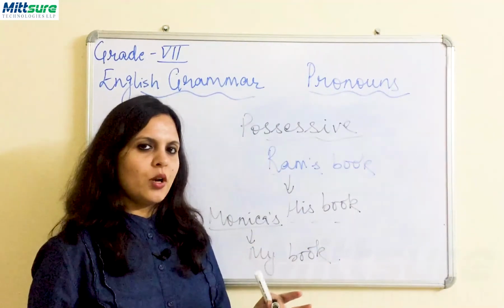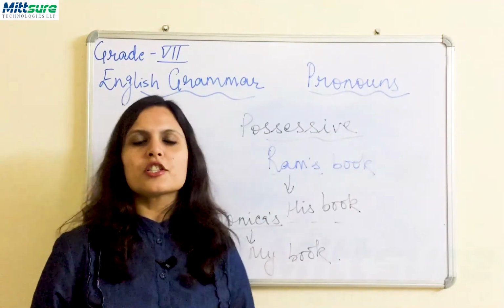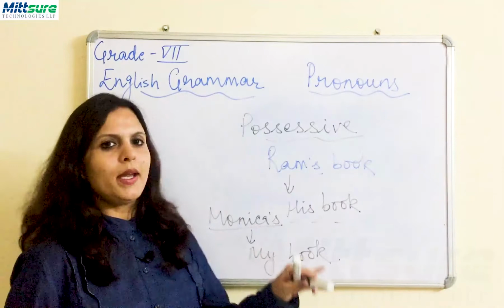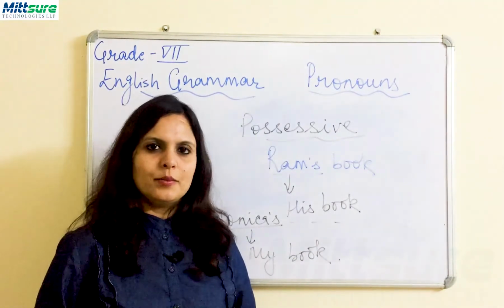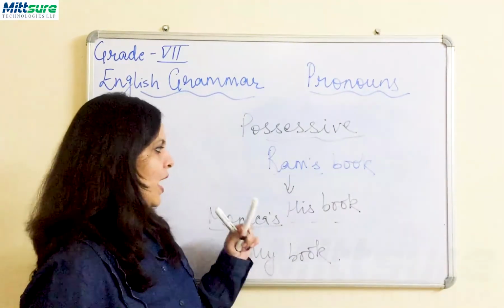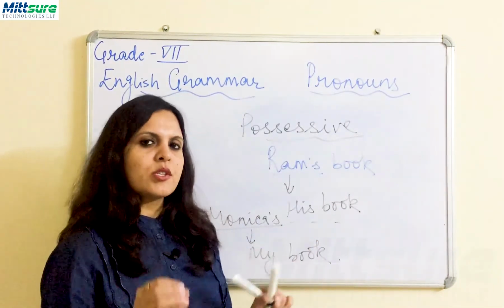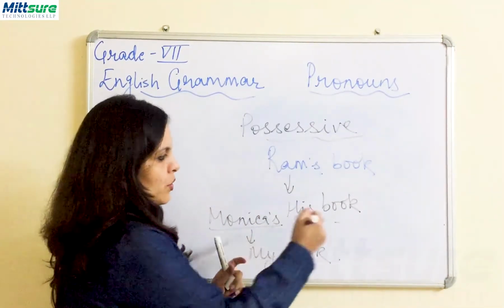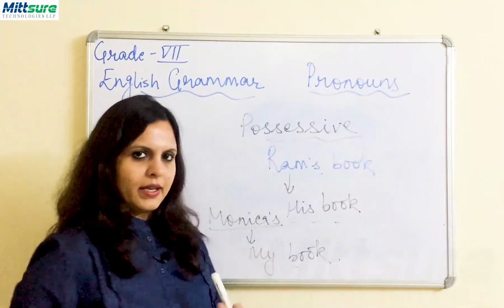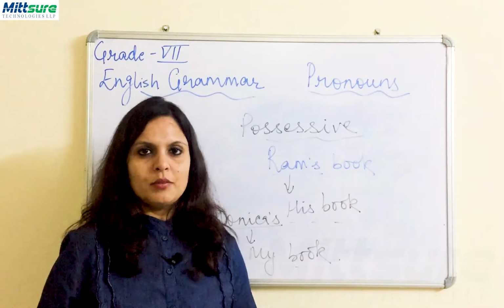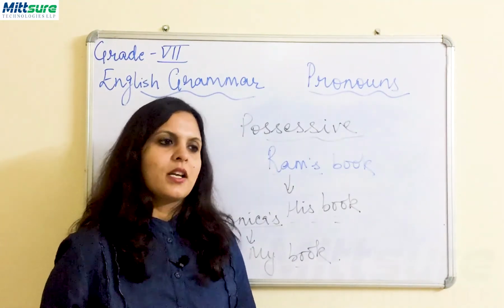I is the personal pronoun, and when we have to convert it into possessive pronoun, we will say my book. Simple as that. So when we have to show the possession by a pronoun, we use it right before the noun. Book is a noun, right? My bicycle, my table, my computer.